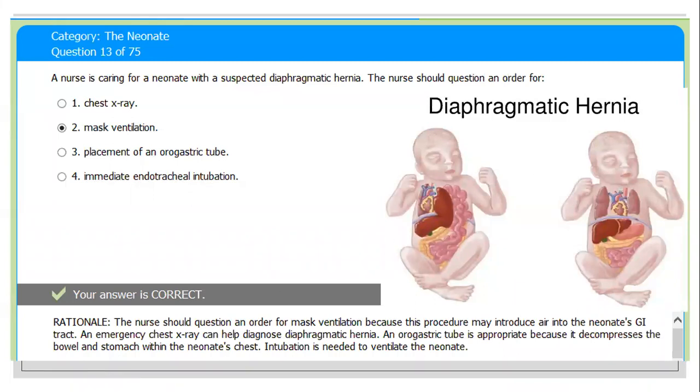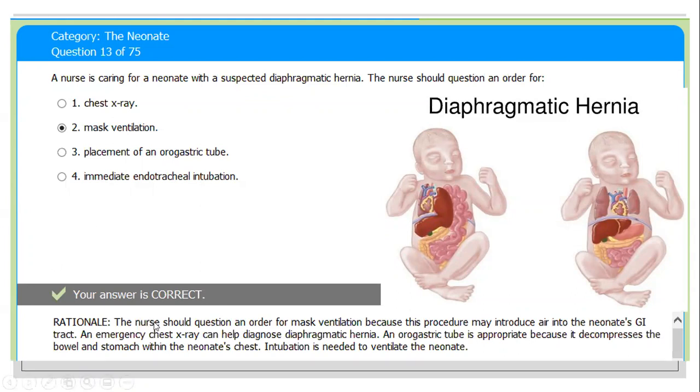When there is an opening, it allows part of the organs from the abdomen to move to the chest, right? And definitely it is a defect and causes difficulties.